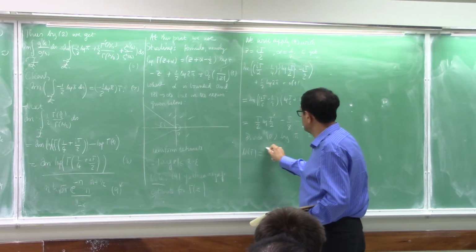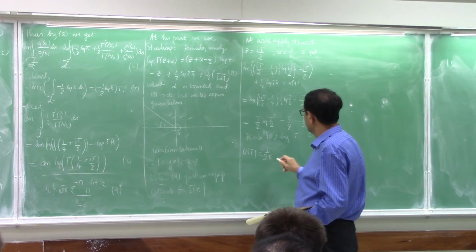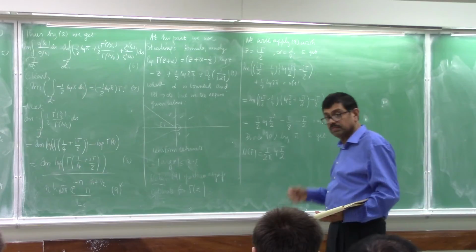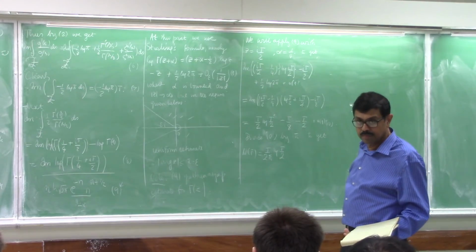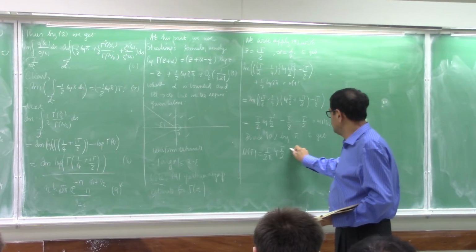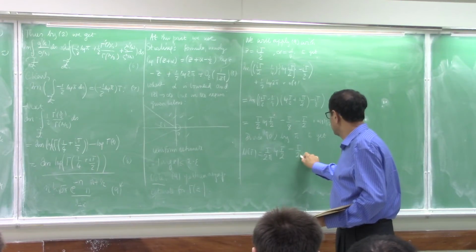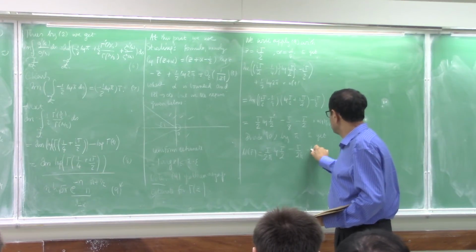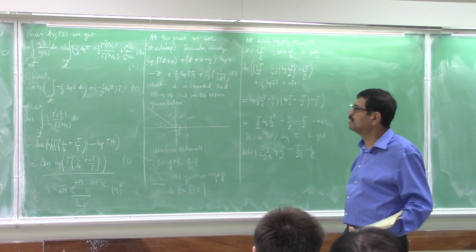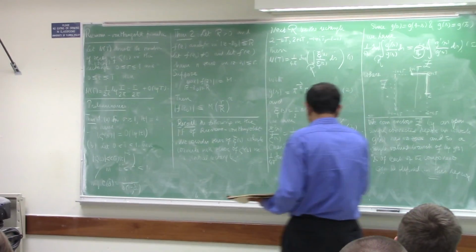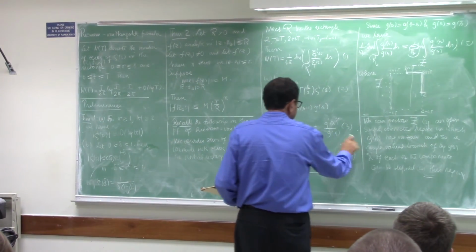I have t over 2 pi log t over 2 minus t over 2 pi minus 1/8. Wait, we have to add 1.